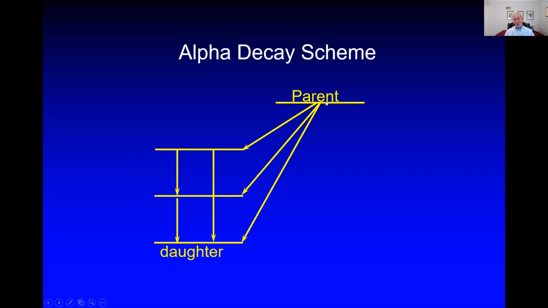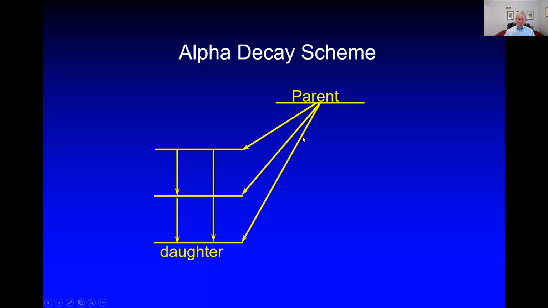In other words, going from parent to daughter, no matter what pathway it takes, sometimes it's called routes or pathways, the energy expended going from the parent to the daughter is a constant value. You add up each of those separate lines, constant value.